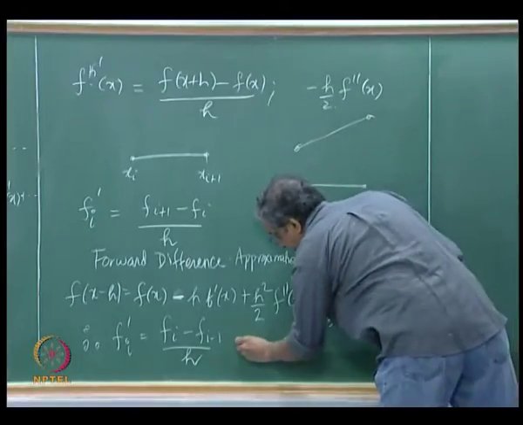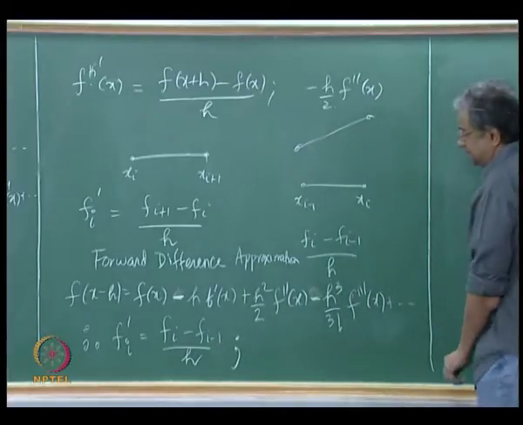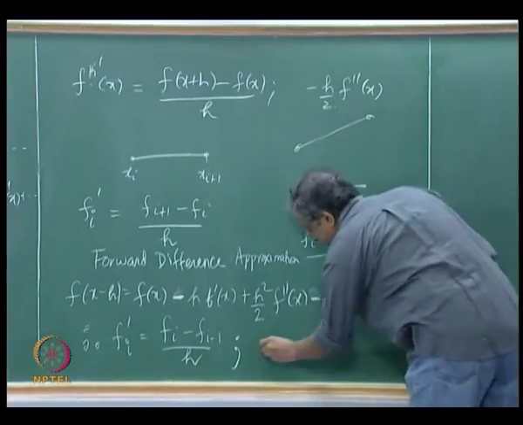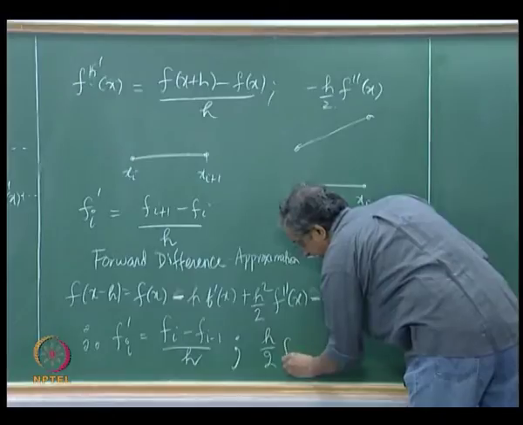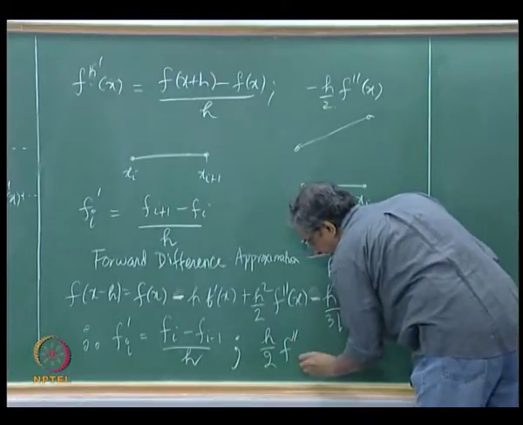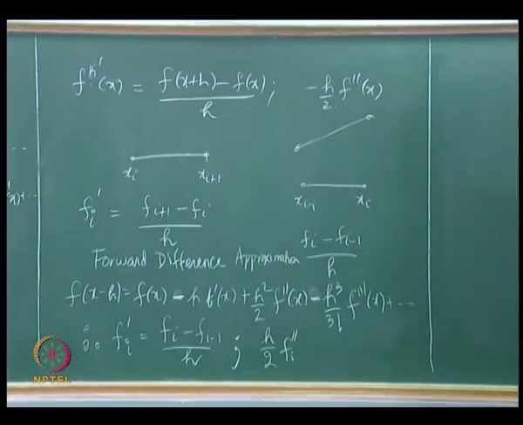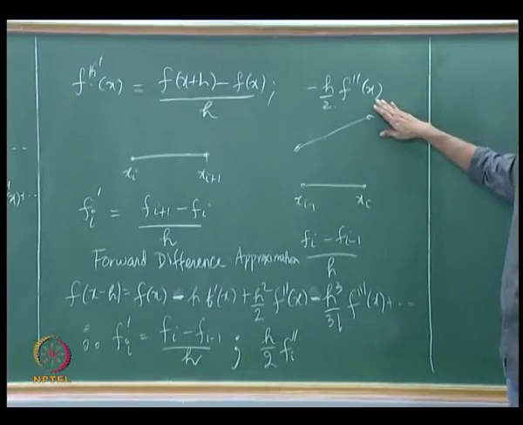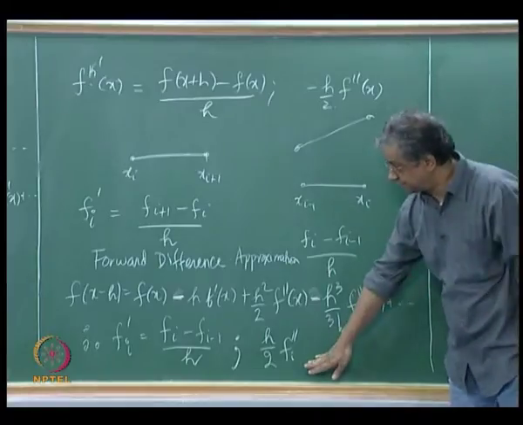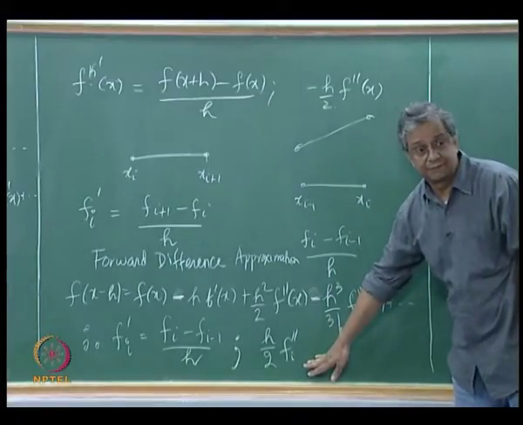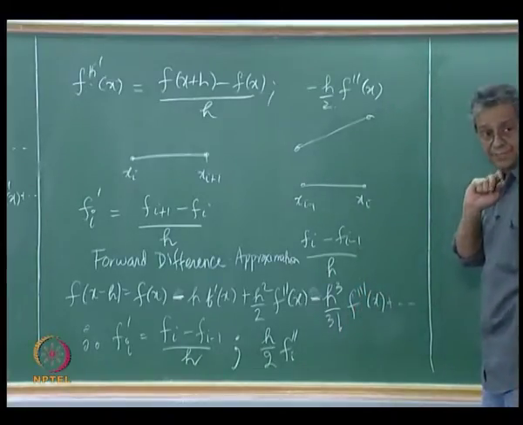And what is the truncation error? It is h by 2 times f double prime at i. This is minus h by 2, this is plus h by 2. Is that fine? Minus h by 2 and plus h by 2, the signs are opposite.